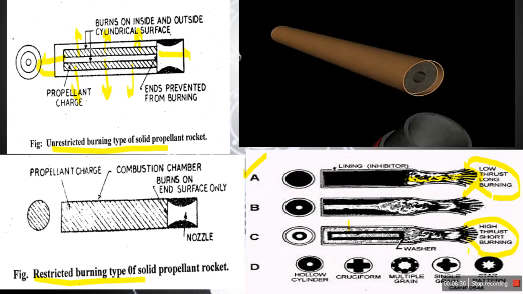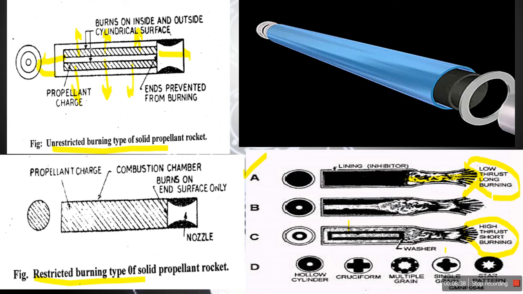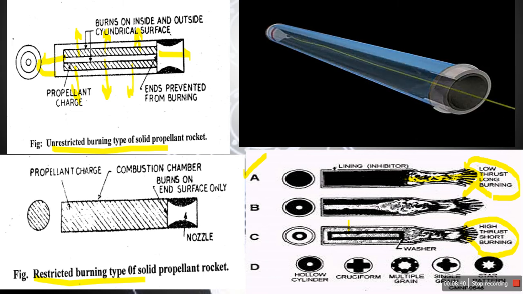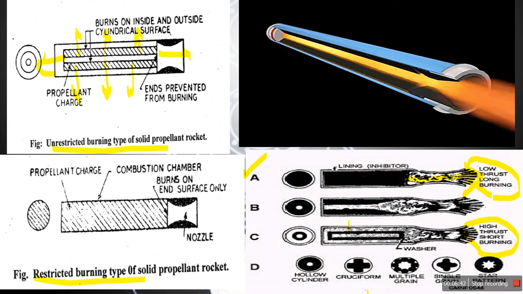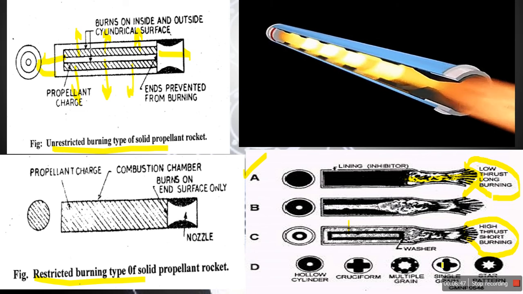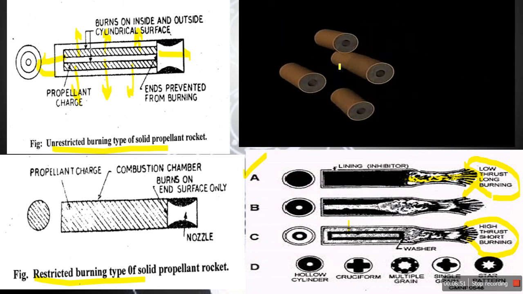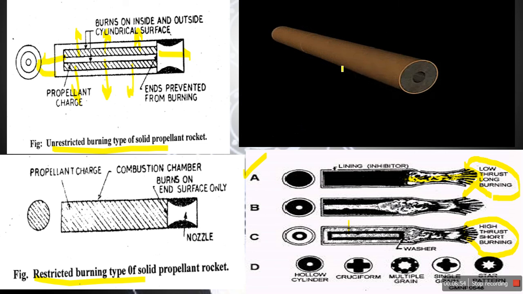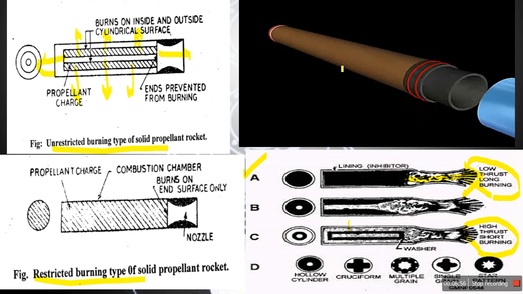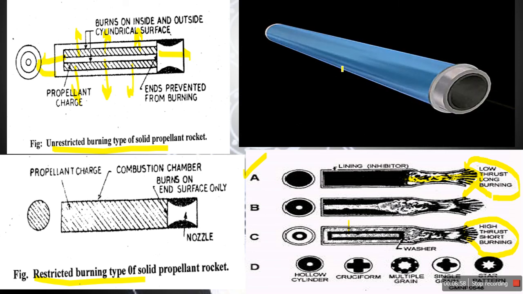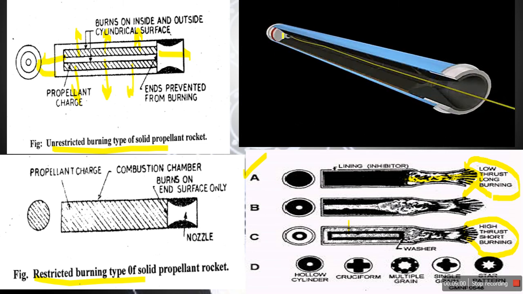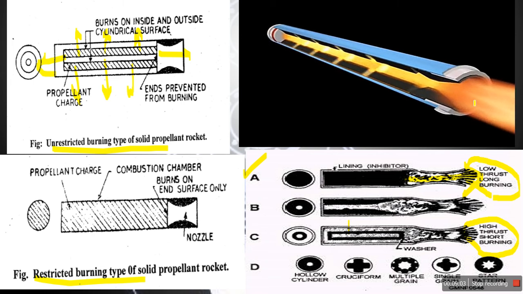short burning. And the granule shape is again classified as hollow cylinder, cruciform, multiple grain, single grain, star grain. In the animation also, there are small propellant grains we fill in one barrel. If we ignite at one end, it starts to burn and produces high thrust.